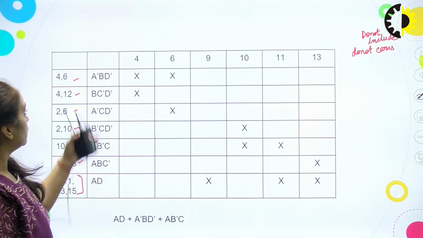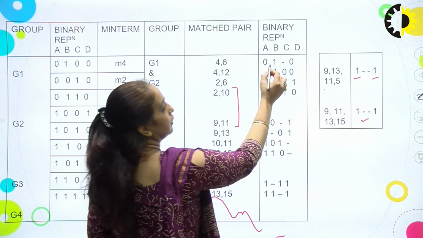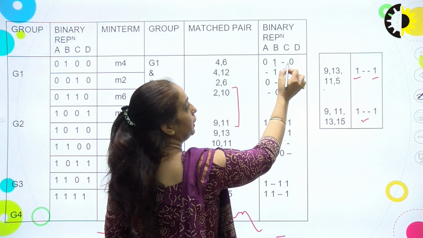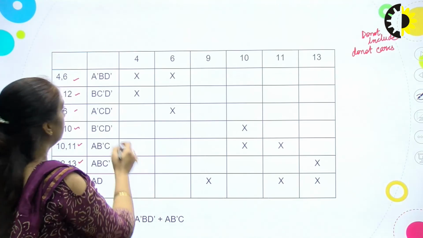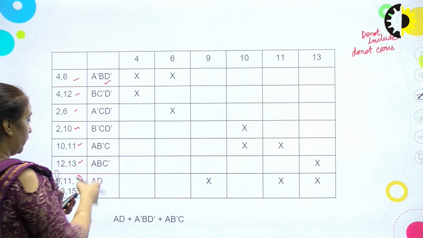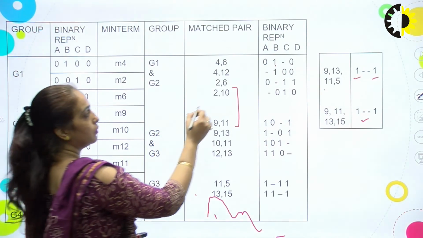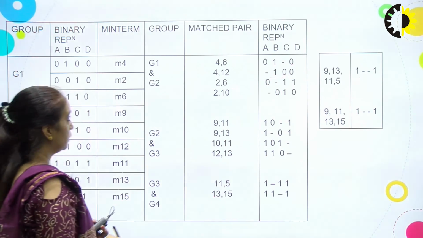So, 4 and 6 can be written as A bar, B, D bar. Then 4 and 12 is not used, I have B, C bar, D bar.